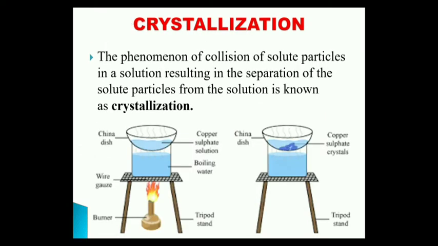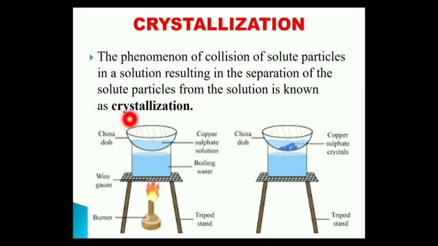Okay, now we have understood what is dissolution. Let's understand the second concept, that is crystallization. Crystallization is the phenomenon where solute particles in the solution separate out, or the process where there is separation of solute particles from the solution.